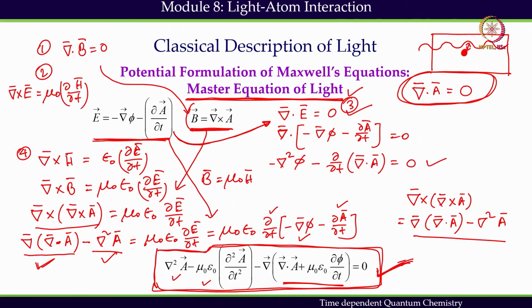And this is the final expression for how light should behave in terms of its vector and scalar potentials.